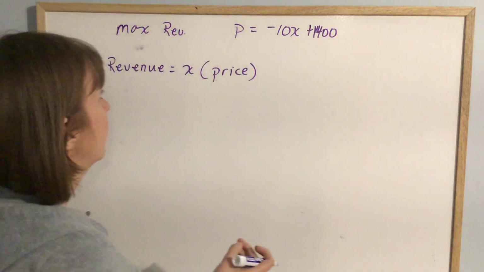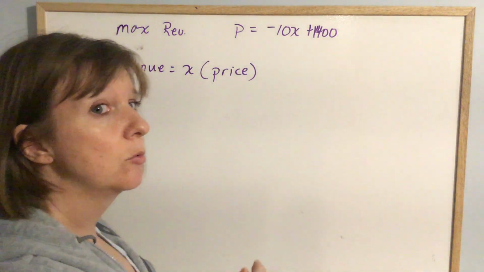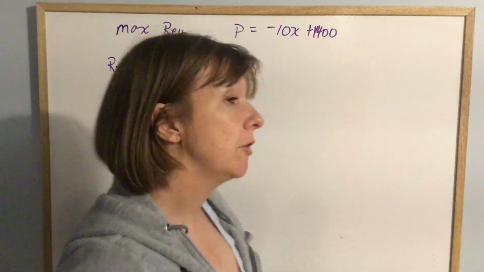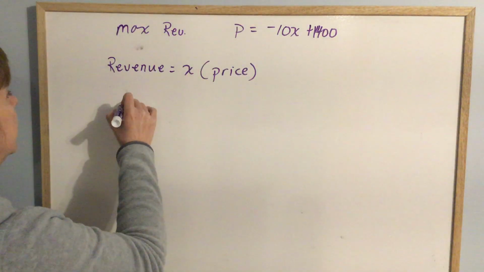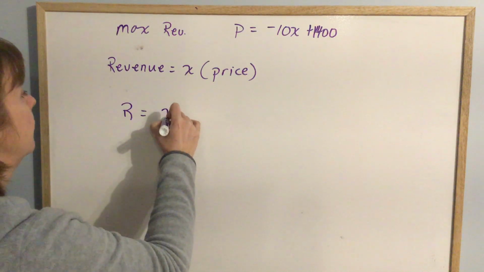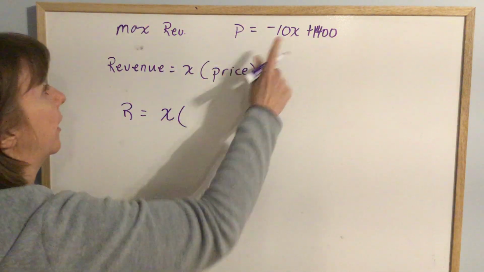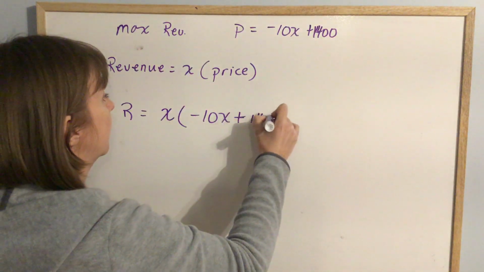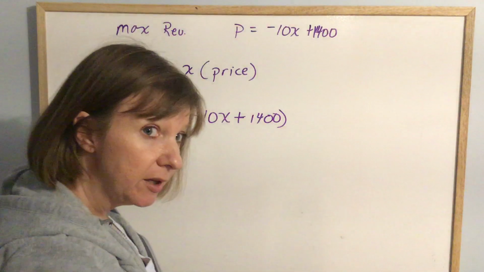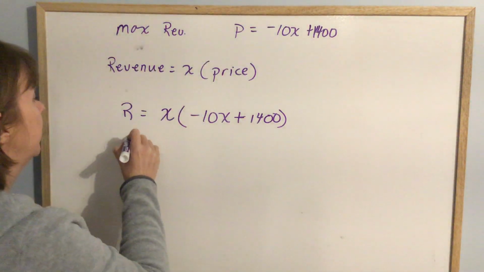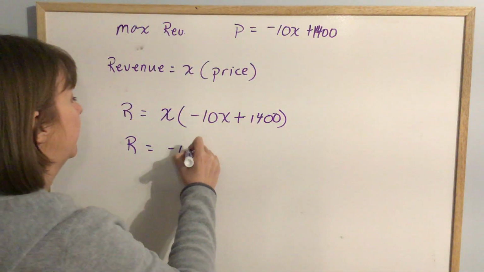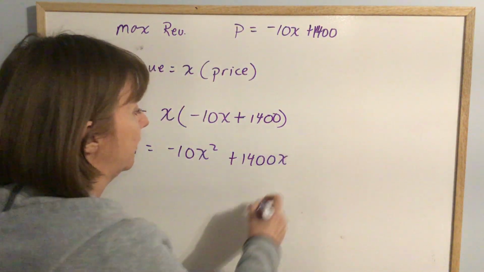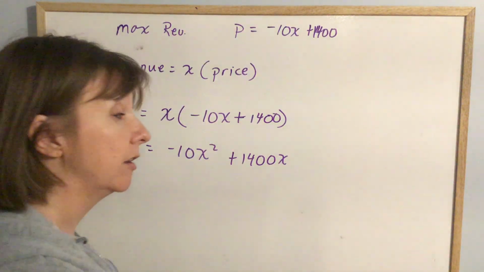But if that is the price formula and we want to maximize revenue, if you want to maximize something, you need to take the derivative of it. So the first thing we need is a formula for revenue. And revenue is the number that I sell times the price. And the price is negative 10x plus 1400. That would be given to you. Okay, so revenue then is negative 10x squared plus 1400x. Now, if I want to maximize this, I need to take the derivative of it.